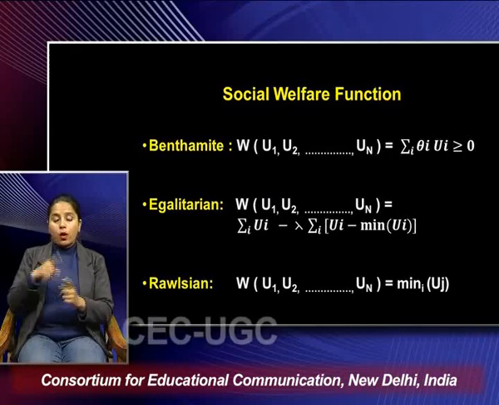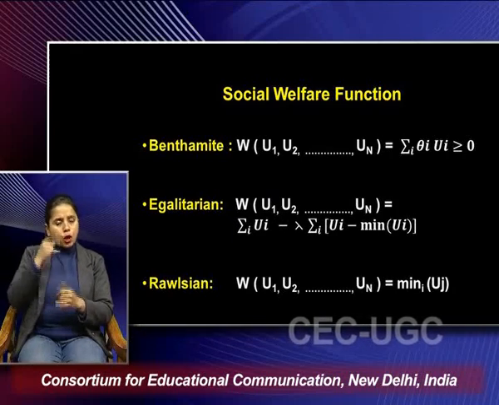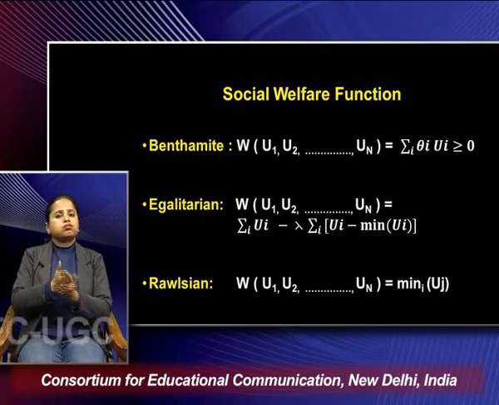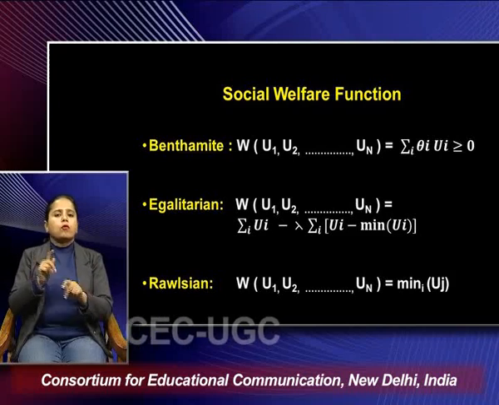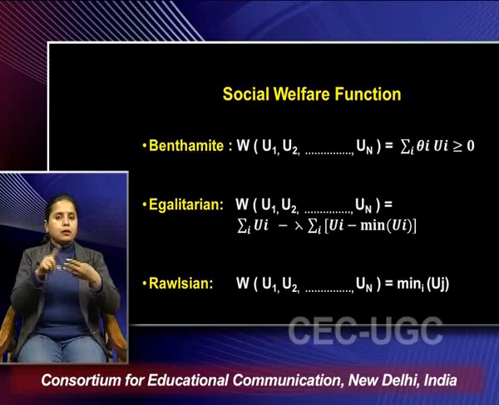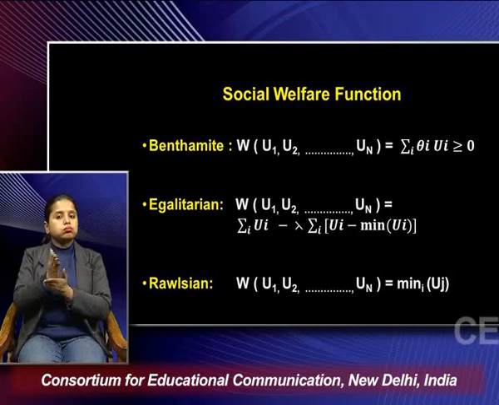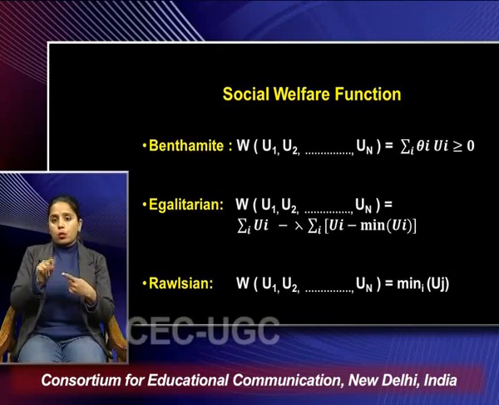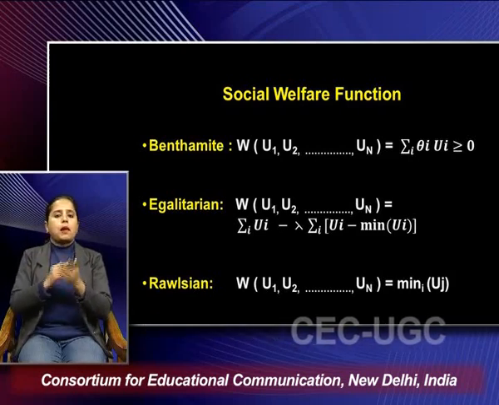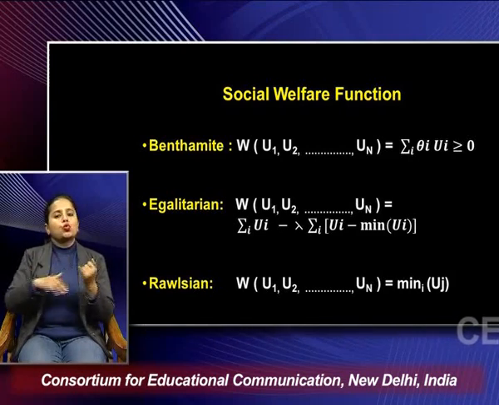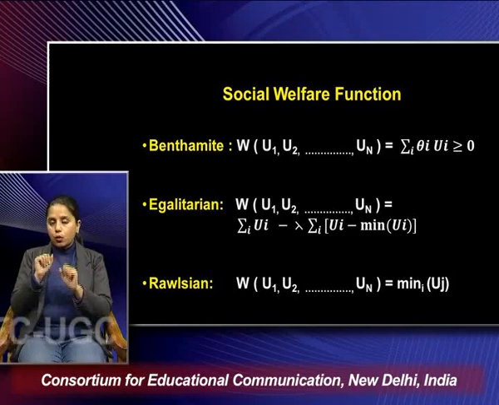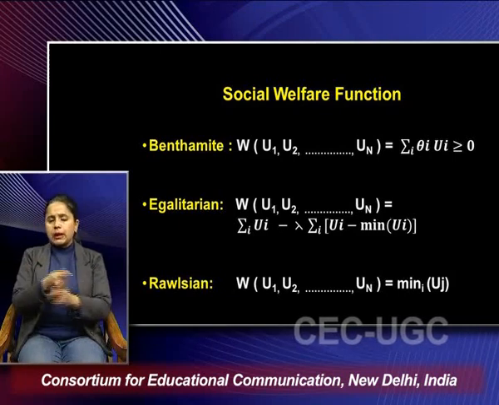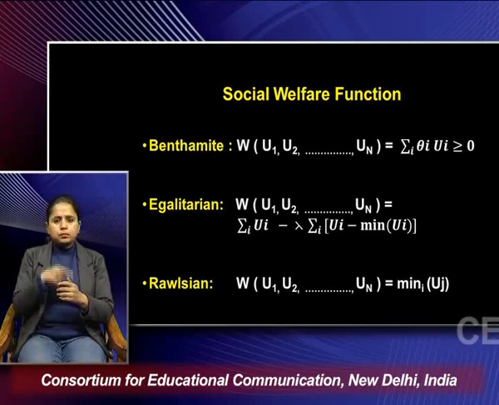Once we have this basic understanding of social welfare function, we can define various varieties of social welfare functions. As you can see, there are three different important types of very popular social welfare functions. The first one is known as the Benthamite social welfare function, where the social welfare function W is a function of U1, U2, U3, and that is equated to the sum of theta i times Ui.